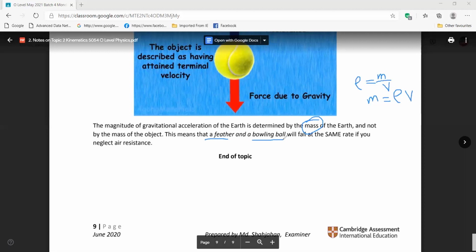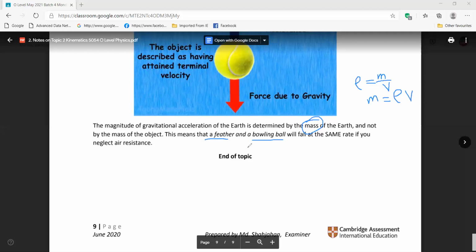Yes, sir. And now in our daily life, we see that a feather is falling later. It is because of the air resistance. Air resistance is opposing the motion. That's why it's falling later. But if you give one completely air-free environment, a vacuum, there is one experiment you can check out on YouTube.